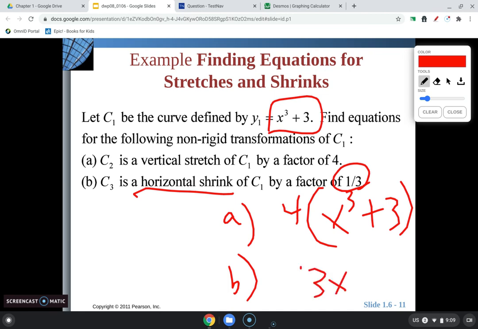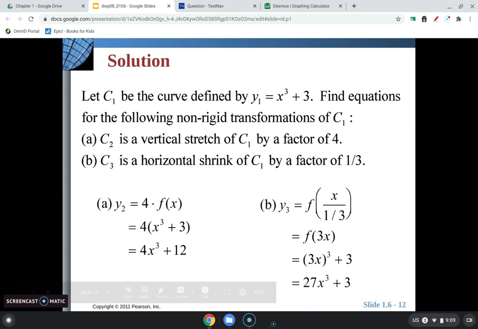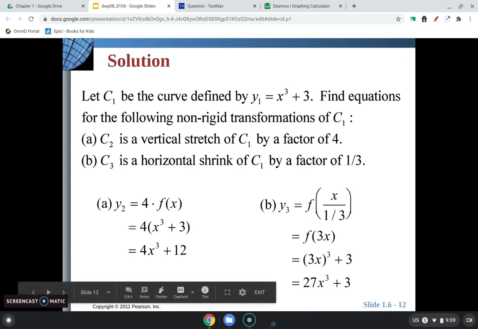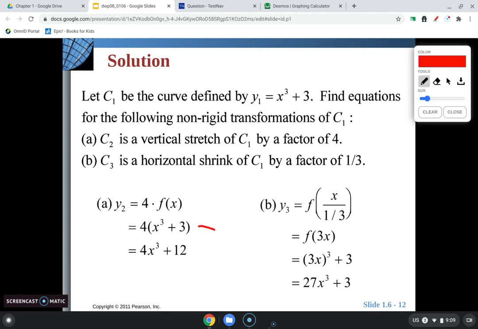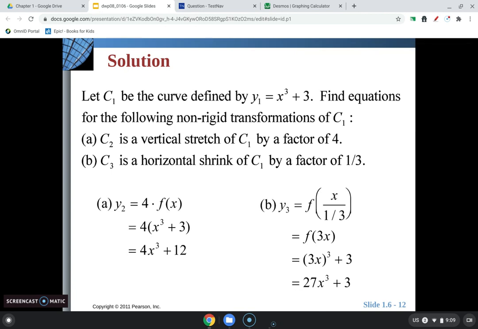We put that in front of the x, and then we put that in parentheses, cubed, and then the +3 would be out there. Okay? So vertical out, horizontal in the parentheses. Okay? And they simplified it out, but we went to there and to there. Good enough for these transformations.